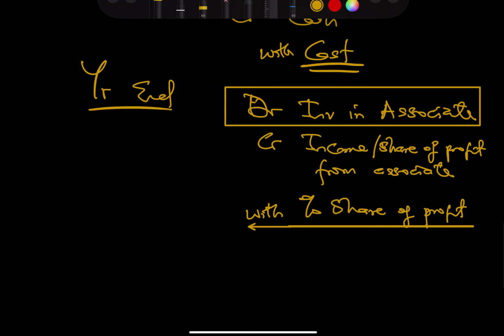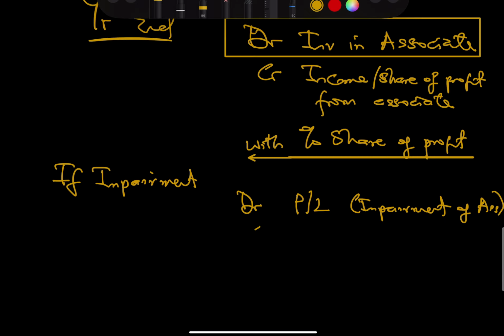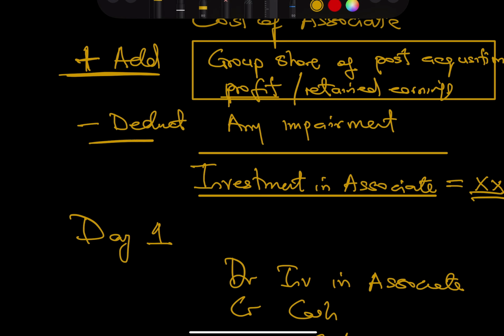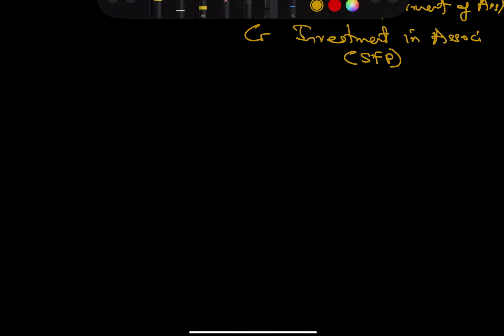And if there is impairment, as you know, the debit will go to P&L, which is impairment of associate, and the credit will go to investment in associate, which is statement of financial position. So this part is SFP, and that is what we have here. So very important, that is how you account for associate.